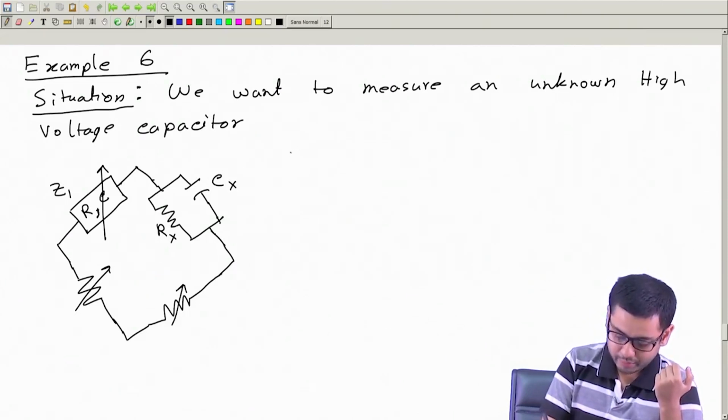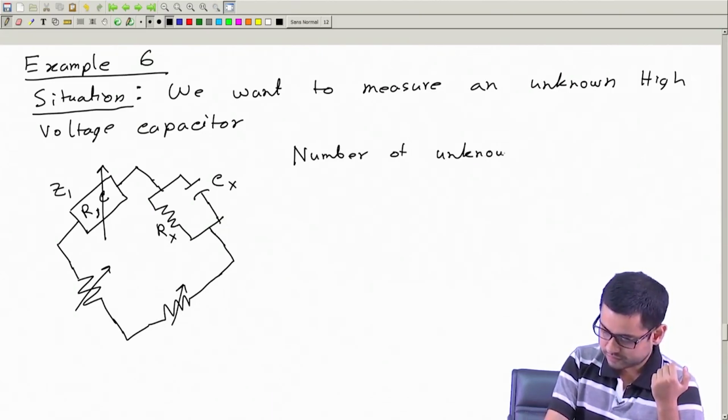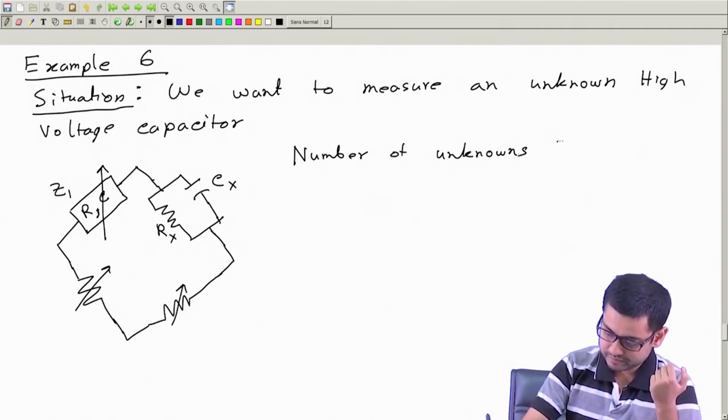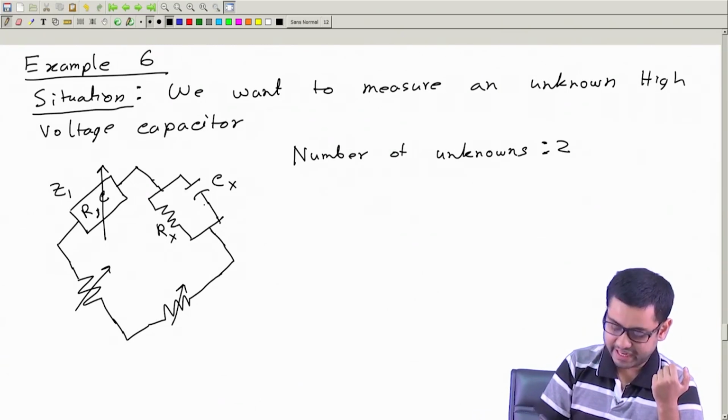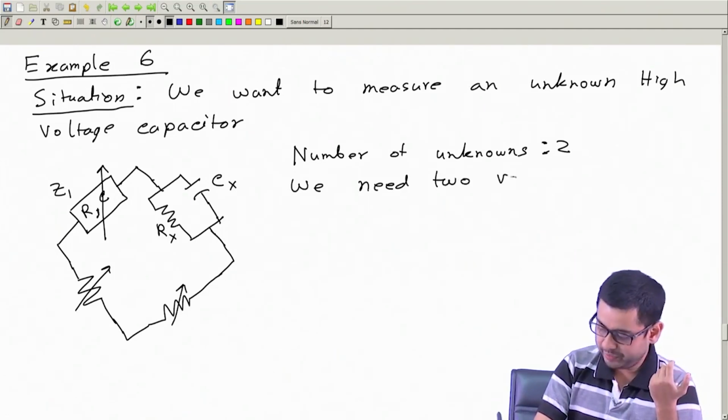See, the number of unknowns is 2, Cx and Rx. So we need 2 controls. We need 2 variables or 2 controls at least.